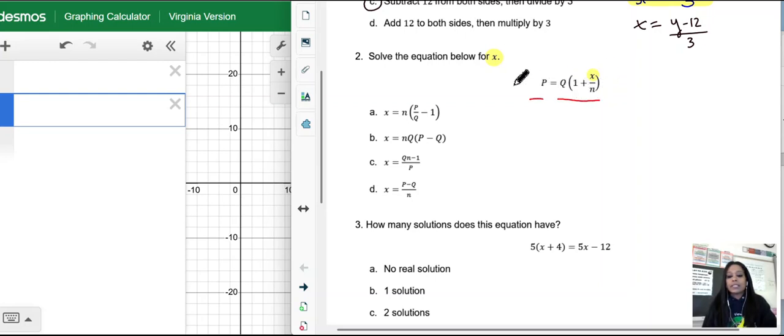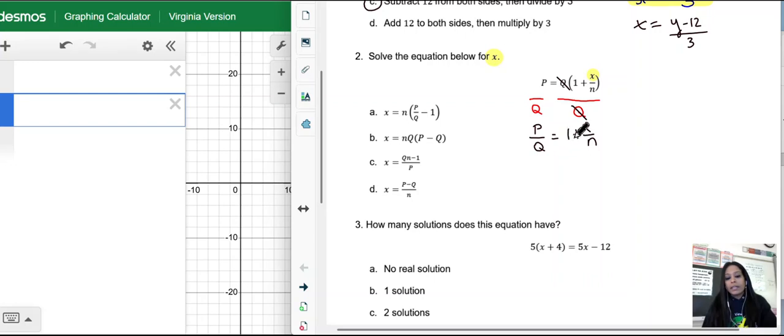Whatever you do to one side, you have to do to the other side, the golden rule of equations. So here we're going to divide both sides by q. That gets rid of the q, okay? So what do I have left here? I have p over q equals 1 plus x over n, okay?